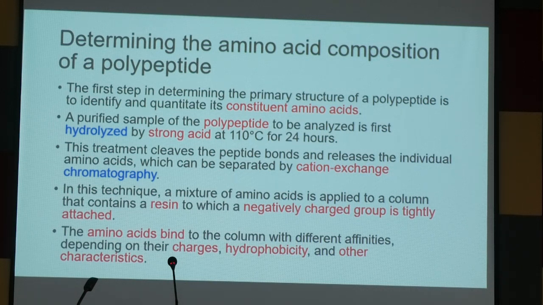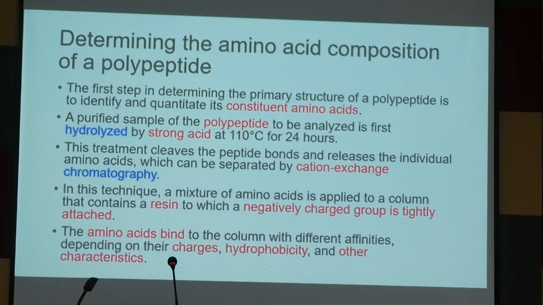So what will be its function? The column will be charged either positively or negatively. And we also know that depending on the characteristics of the amino acids, a protein can be positively charged or negatively charged. So when we are breaking the peptide bonds, we are separating the amino acids.